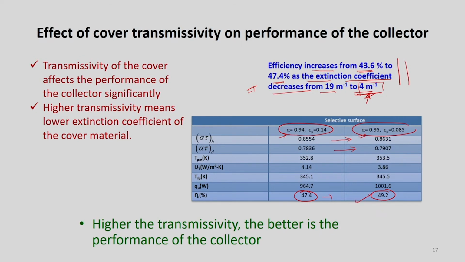So, by increasing the absorptivity of the selective surface, we can significantly increase the efficiency of the collector. Once we increase this, the transmissivity-absorptivity product for beam and diffuse radiation also increases. So, the higher the transmissivity, the better the performance of the collector. That we understand now.